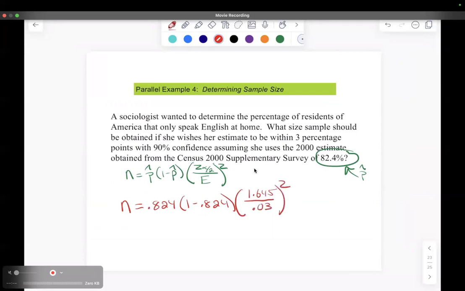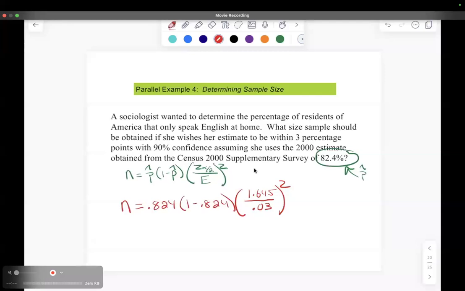You should be able to put this entire thing into your calculator. I did something weird because I have a negative value.